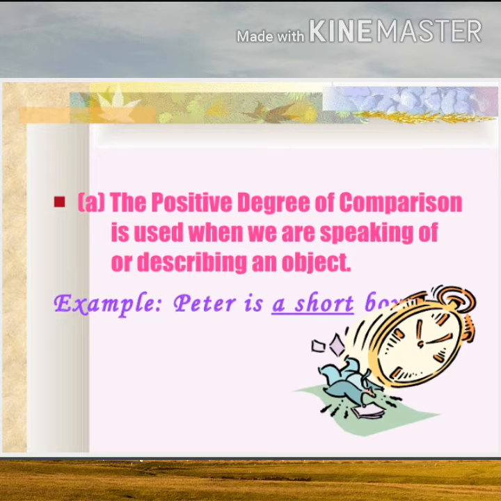Point number 1. The positive degree of comparison is used when we are speaking of or describing one object. For example, Peter is a short boy. Here in this example, we are describing the boy.